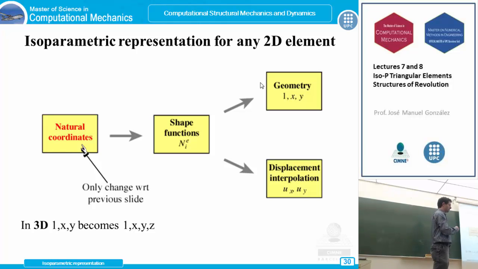This geometry is used in the integration step, and the displacement interpolation is used to express this displacement function using these nodal points to find the continuum function using this finite number of interpolation points placed in the nodes of the elements. So this is the general scheme for the isoparametric representation, and the only change with respect to this previous slide is the concept of natural coordinates that now we are using in a general way.